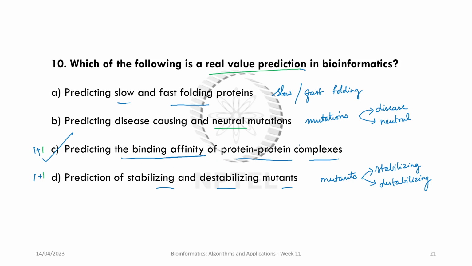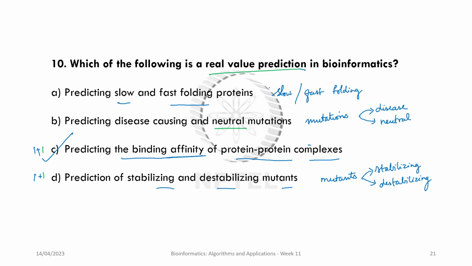Certain protein complexes can have a higher affinity, certain complexes can have lower affinity, or a protein-ligand complex can have greater or lesser affinity. But here you are not classifying them into high or low. It's about predicting the binding affinity, the property itself of a protein complex.